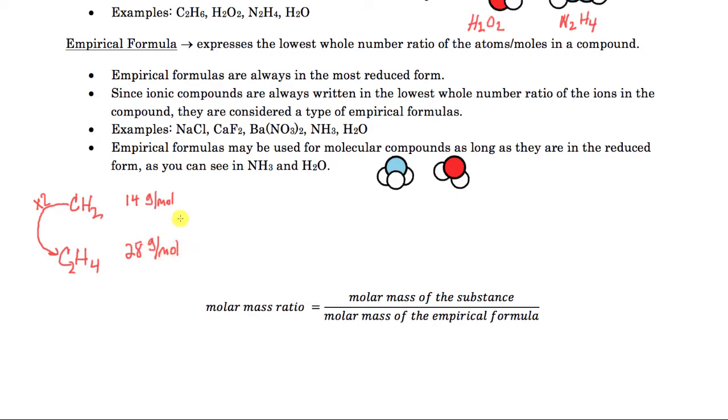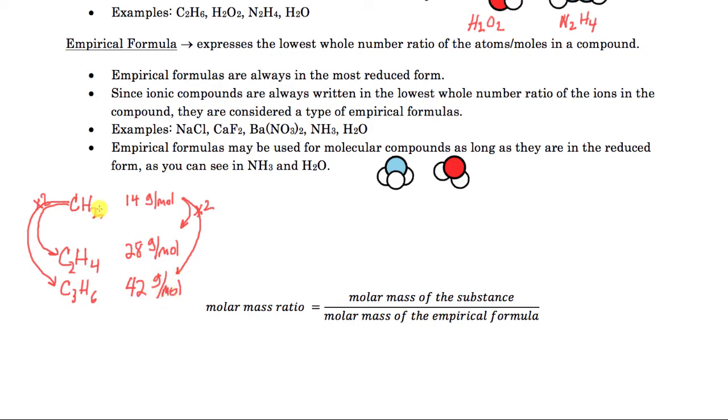My molar mass would be twice the mass of the empirical formula. Therefore, if it were 3 times as much, my formula would be C3H6, and this would be 3 times as great, which would give us 42 grams per mole.